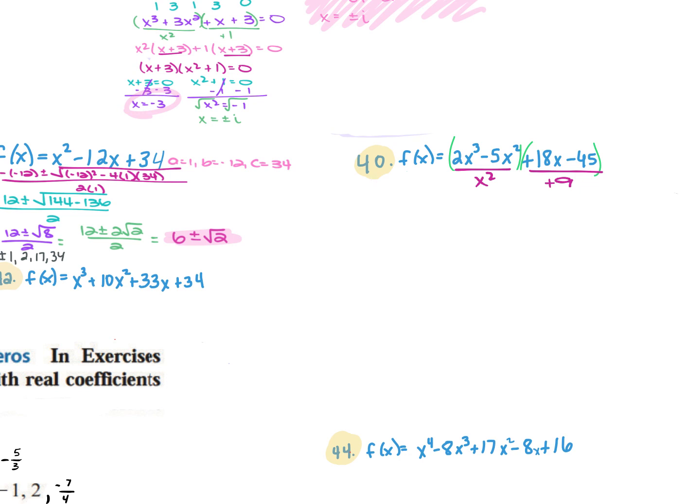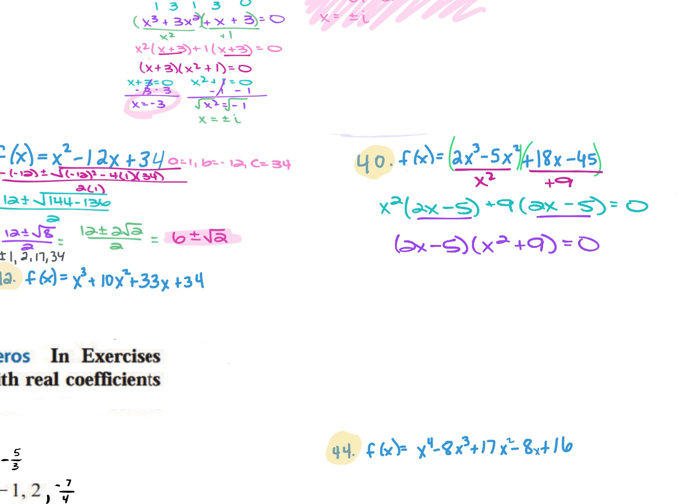So this is going to be rewritten as x squared times 2x minus 5 plus 9 times 2x minus 5 is equal to 0. Your two parentheses are the same, so it's going to give you 2x minus 5 times x squared plus 9 is equal to 0.